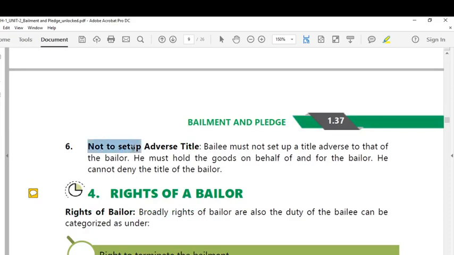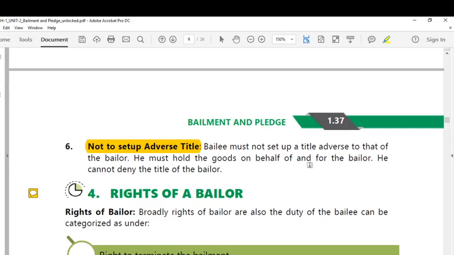And the next one is not to set up an adverse title. The bailee must not set up a title adverse to that of the bailor. He must hold the goods on behalf of and for the bailor. He cannot deny the title of the bailor.